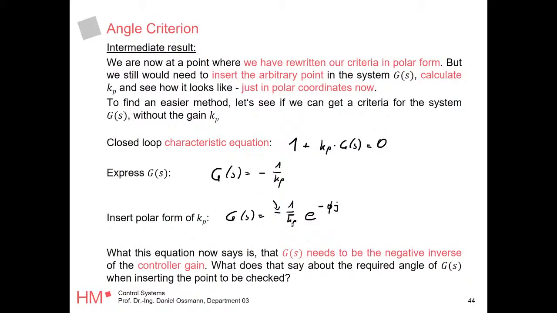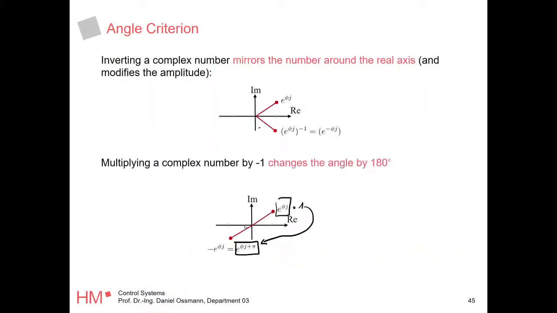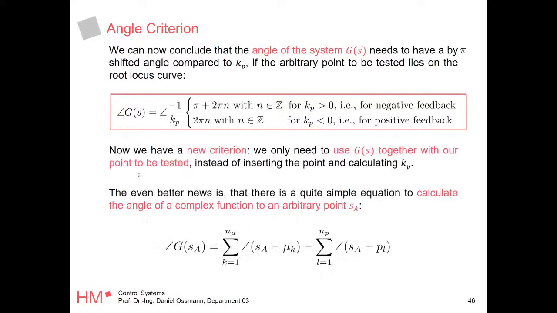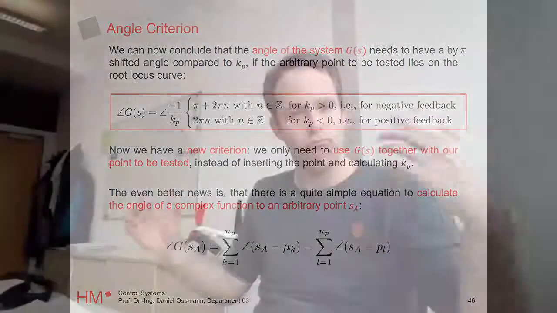So instead of checking KP, we are now checking G of S, and this equation tells us that G of S needs to have an angle 180 degrees different from KP. If this is the case, we can reach the point.